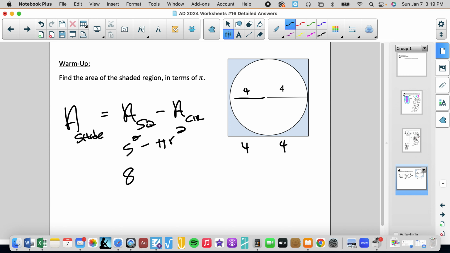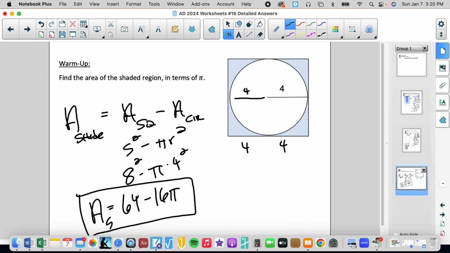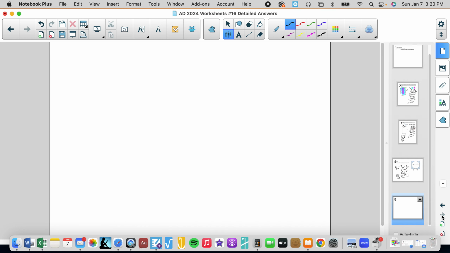So that's going to be 8 squared minus pi. And they want it in terms of pi. Radius is 4 squared. So 64 minus 16 pi would be my area of the shaded. Shaded region is going to be 64 minus 16 pi. Okay. Awesome.